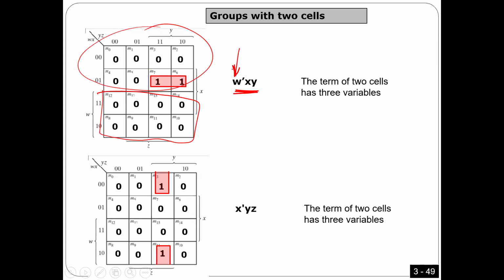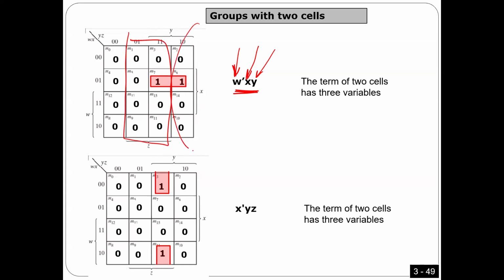Very easy. If you look at X, it's very clear. This is the area of X. The whole group is in the area of X, so I'm going to take X. If you look at Y, this group is located in Y, so I'm going to take Y. But if you look at Z, this is Z, and this is Z prime.